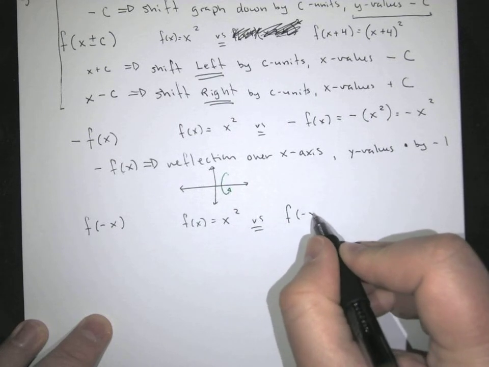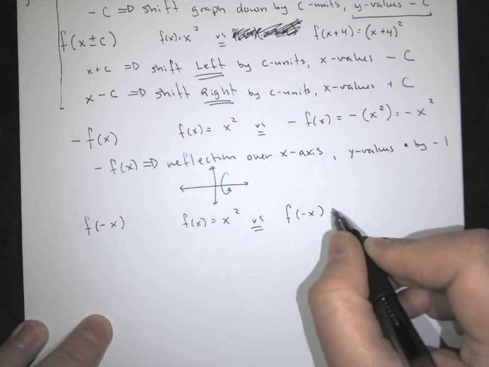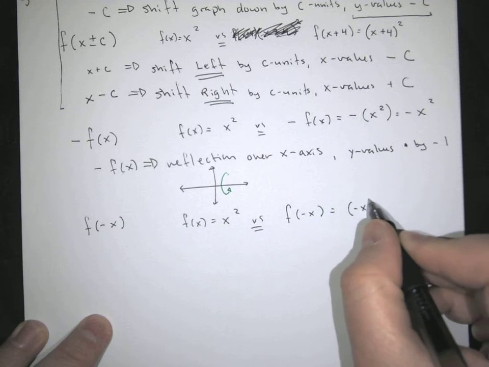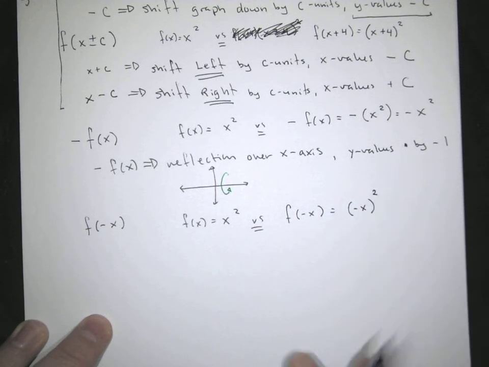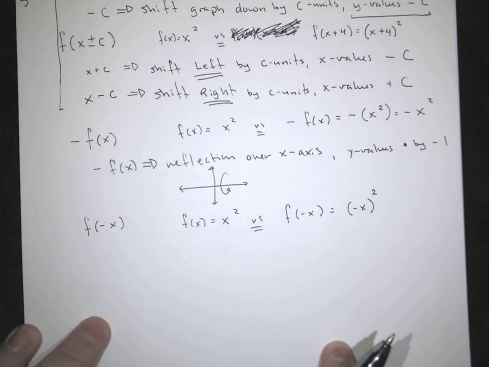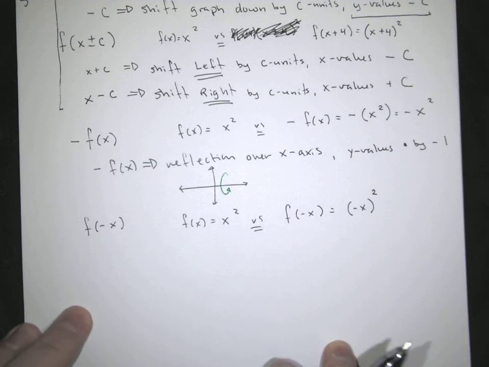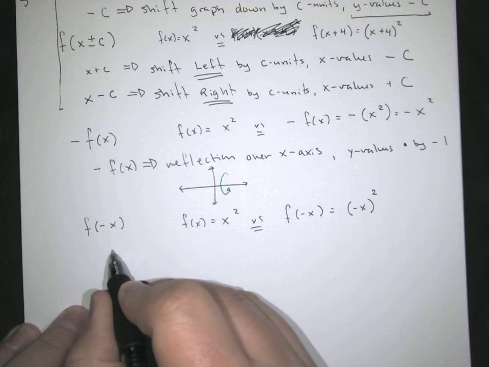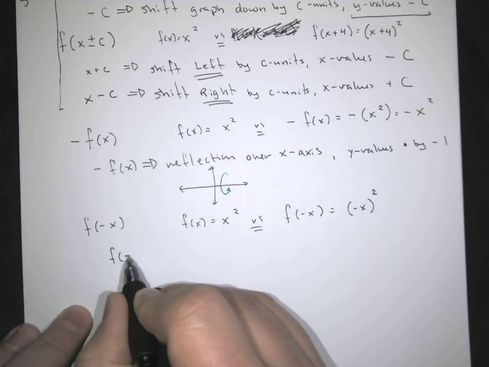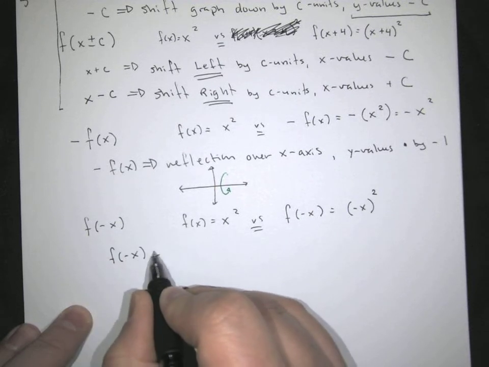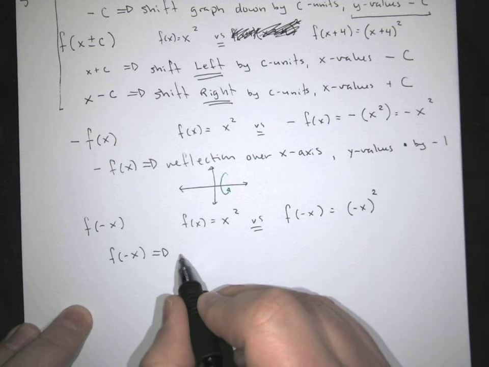So if I do a negative x, now I'm attaching the negative directly to the x, and then squaring on the outside. So I'm changing the input value, not the y value. I'm changing my x values. This is going to give us a reflection, and you would probably guess it reflects us in the other direction.